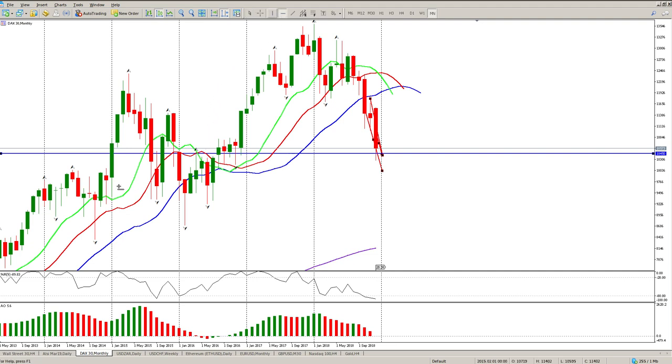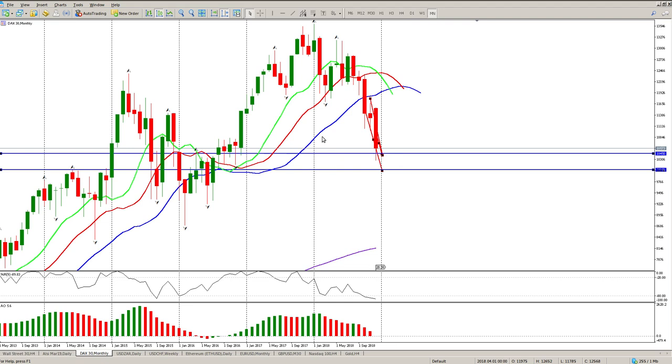But I would suspect that this next level down here is also something we need to pay attention to. So two levels here on the monthly are, the top one here is 10,450 and this bottom one here is 10,056.